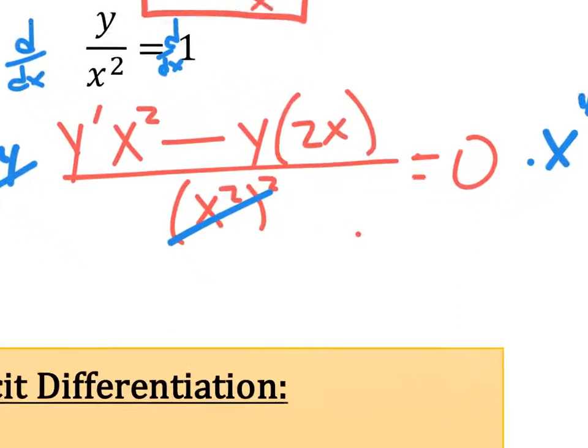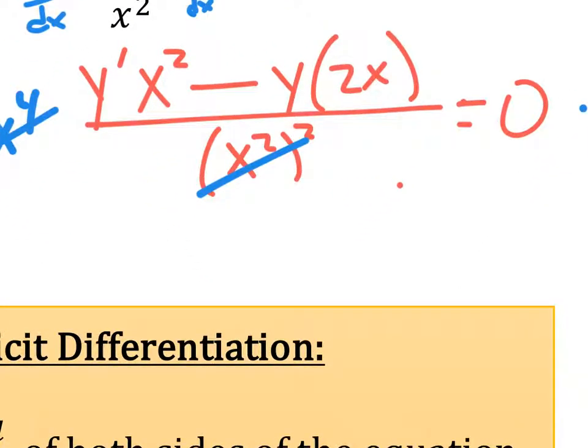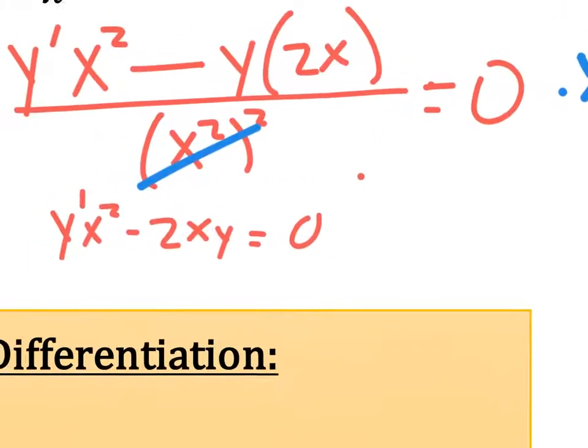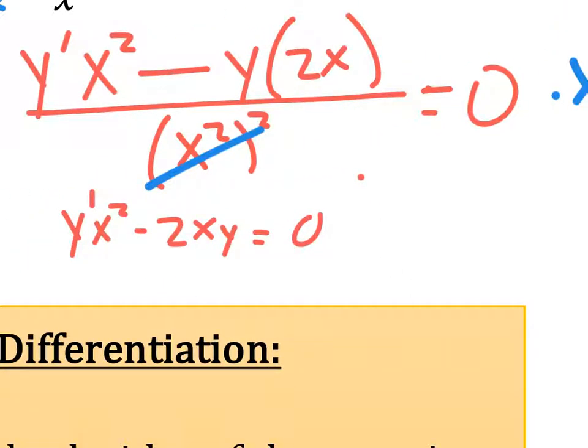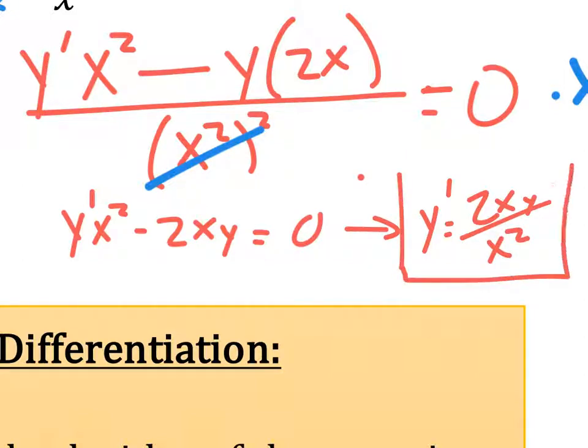And so our equation becomes y prime x squared minus 2xy equals 0. Solving for y prime by adding 2xy to both sides, we get y prime equals 2xy all over x squared. And there's our implicit derivative.